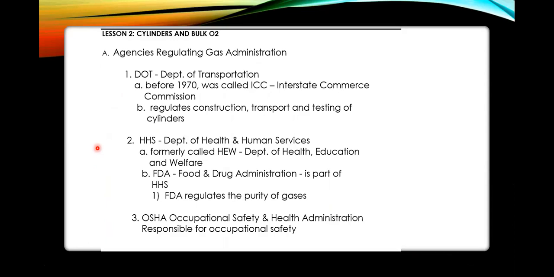You're like, what? Yes, the Department of Transportation. Used to be called the ICC. They regulate the construction, transport, and testing of the cylinders. The Department of Transportation is responsible for the construction, transport, and testing of all gas cylinders.